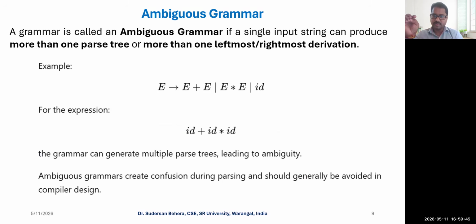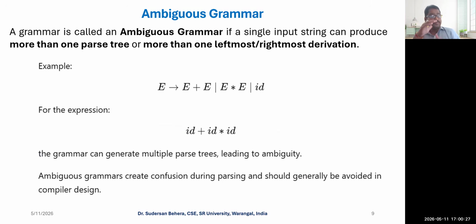There is no parser, neither top-down nor bottom-up, which accepts or works with ambiguous grammar, because many instances have been observed that ambiguous grammar leads the scanner or the compiler into confusion. So ambiguous grammar is not accepted by any kind of syntax analysis, neither bottom-up nor top-down parser.